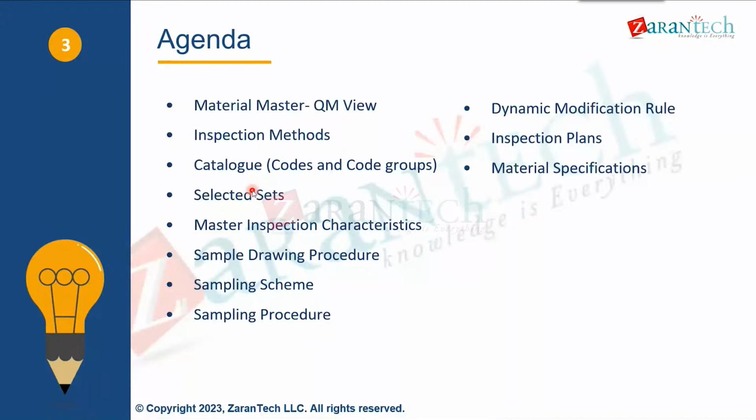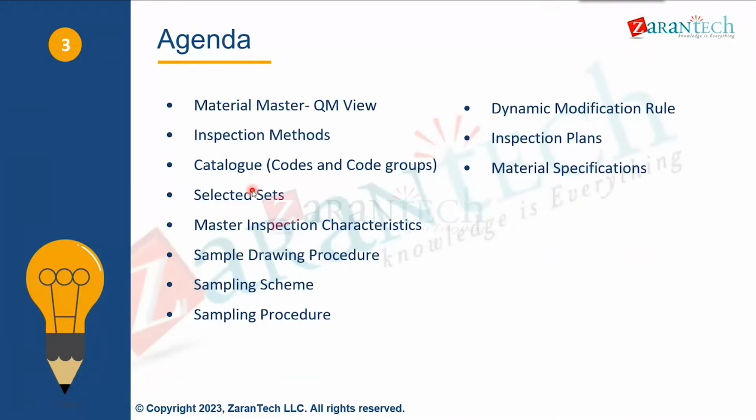Okay. So how many types of master inspection characteristics do we have? Qualitative and quantitative. One more. I think class characteristics.